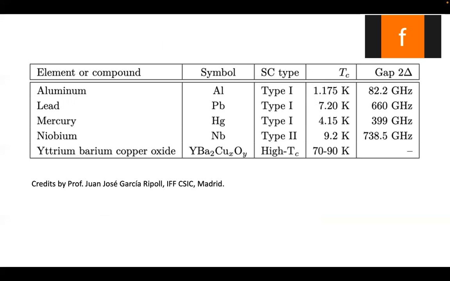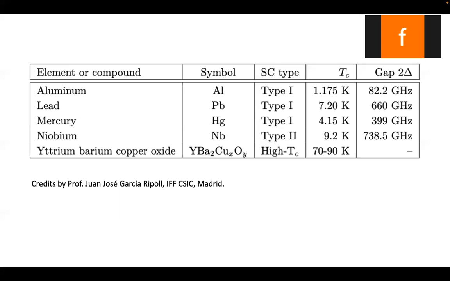For instance, here we have a table that I took from a book by Professor Juan José García Ripoll from CSIC Madrid. He's writing a book that is not published yet. I hope this book appears soon so that I can share it with you. On that book there appears this table where you see that there are many metals. For instance, aluminum you have here.